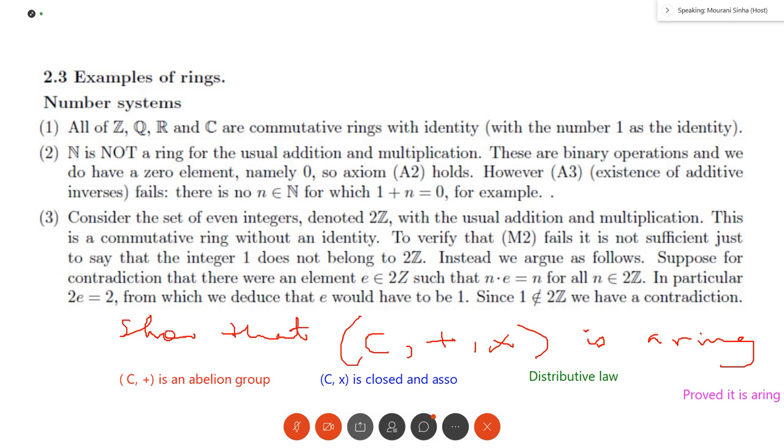Does it have identity under multiplication? So next I will check for a ring with unity.